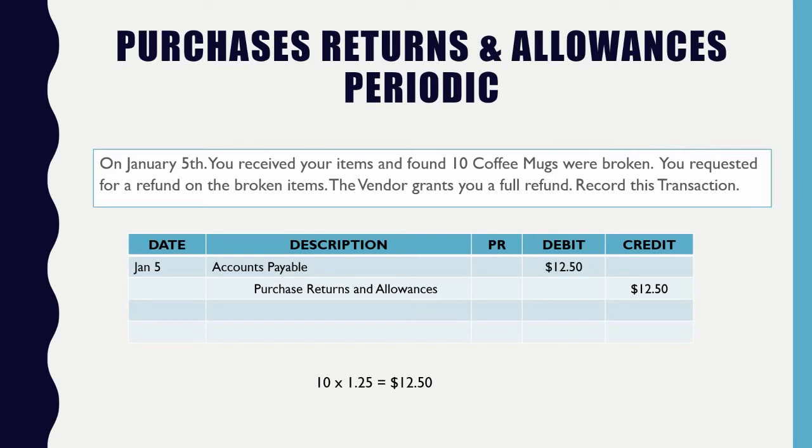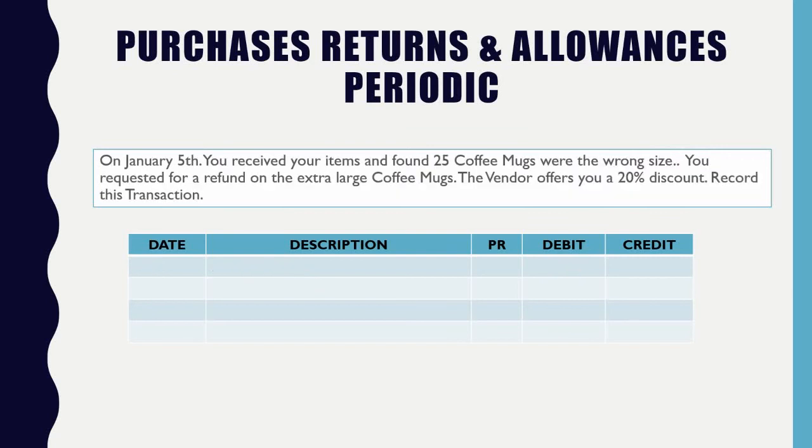The return is where you're getting a full refund. The product is being returned, so we're going to be receiving all the money back. In this case, we can only receive money on the original cost. You can't refund or return shipping or handling, okay? So make sure you remember that, and you have to create a contra account for the purchase returns and allowances, okay?